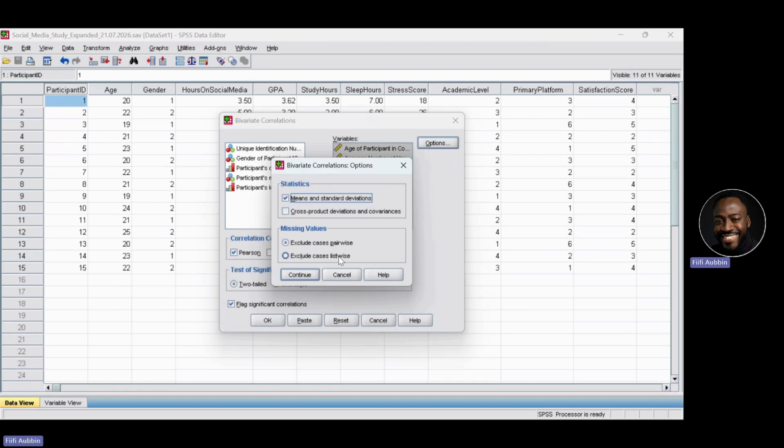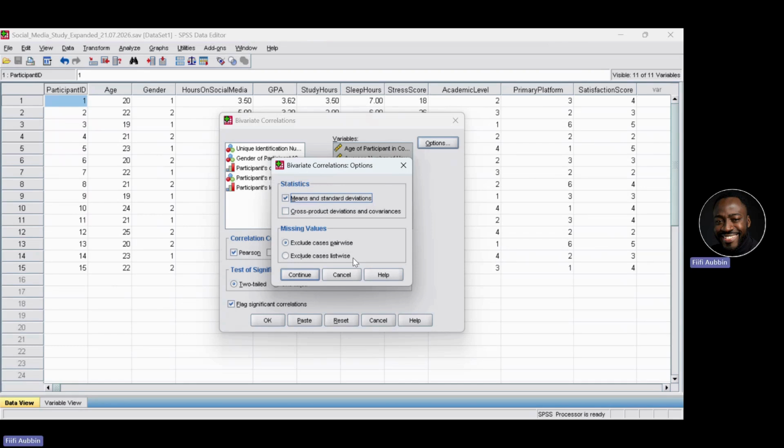Then when you look at exclude cases listwise, with this method, if a participant has even one missing value anywhere in the selected variables, SPSS removes the participant from the entire analysis. Although this produces a consistent sample size across all correlations, it can substantially reduce the number of observations if there are many missing values.